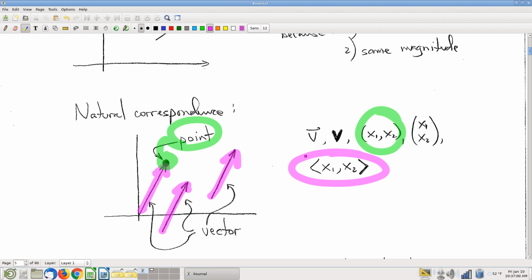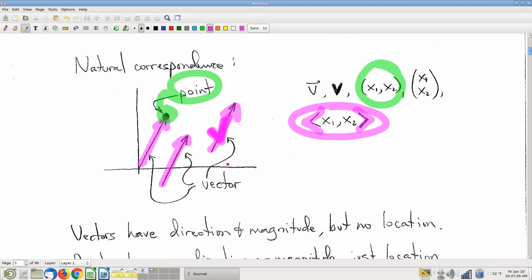A lot of books, ours included, will use triangular brackets to emphasize that they're talking specifically about the vector corresponding to the point with those coordinates, as opposed to the point with those coordinates. The little triangular braces are a way to emphasize vector. No ambiguity. I like to point out that context always makes it clear, though.